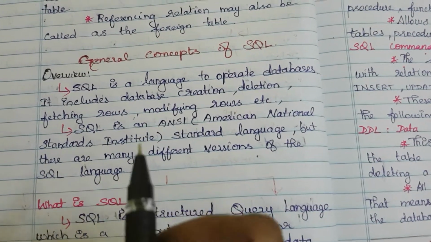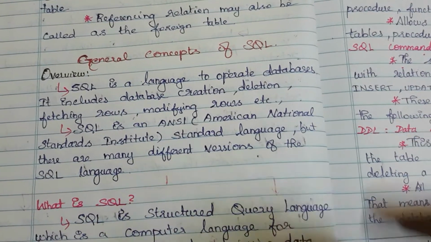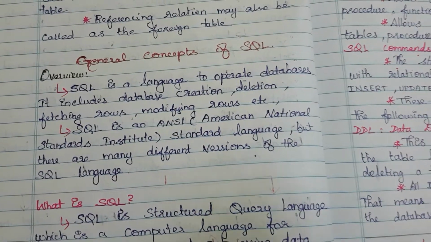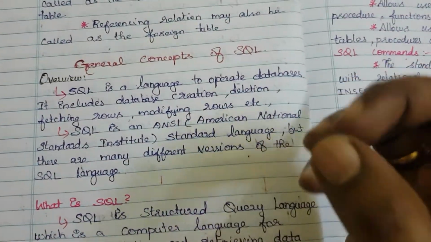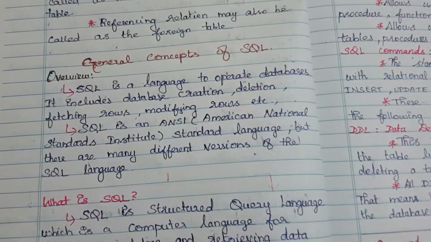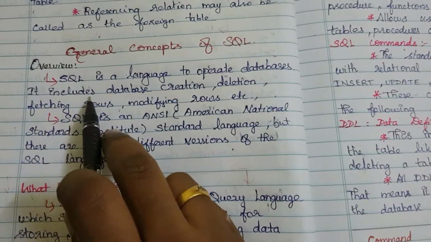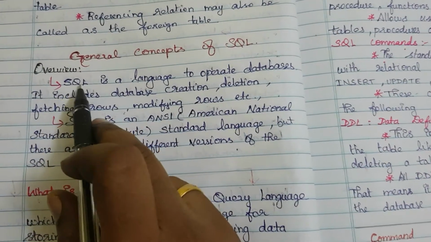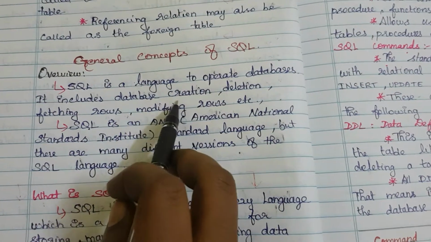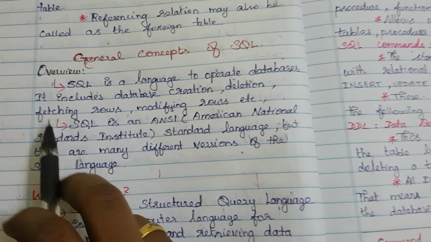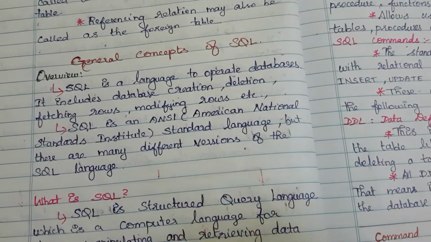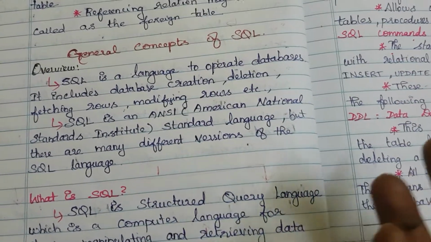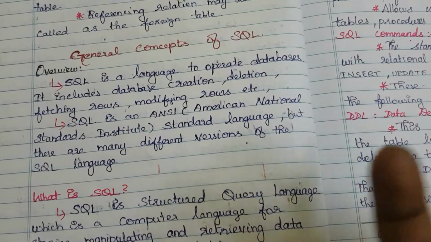SQL is used to operate the database that is stored in the server. It includes database creation, deletion, fetching rows, modifying rows, etc. So we can create the database, we can delete the database, we can fetch the rows.